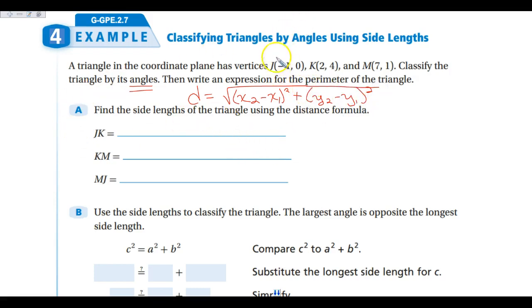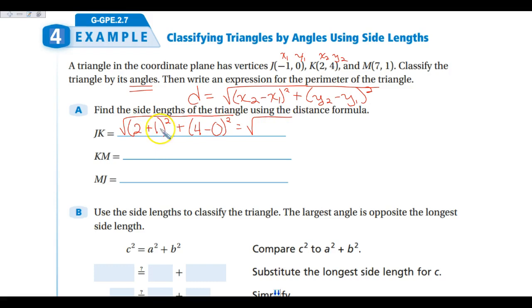Okay? So I'm going to start with JK, and I'm just going to label this x1, y1, and x2, y2. So I'm going to do the square root of x2, which is 2, minus x1, which is negative 1. So remember, subtracting that negative means we're adding. All right, y2 is 4 minus y1, which is 0.